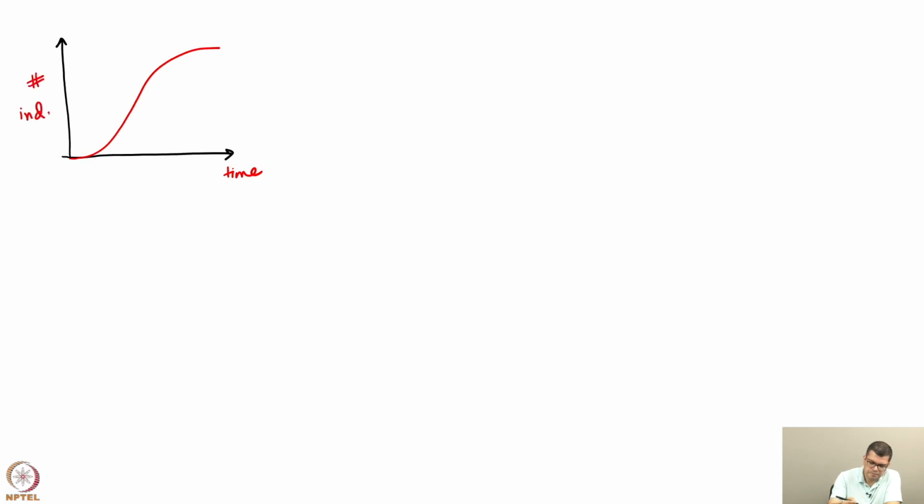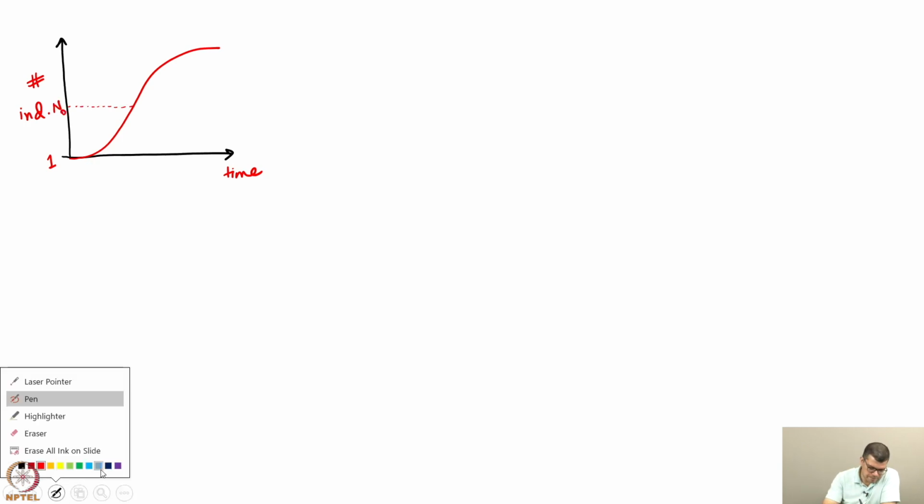So, in this growth curve that we have, let us ask a couple of questions. We started with number of individuals as 1. At some point, that number reached N naught. We want to answer 2 questions associated with that.